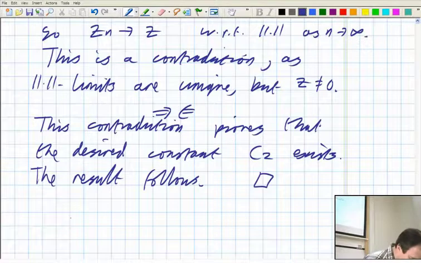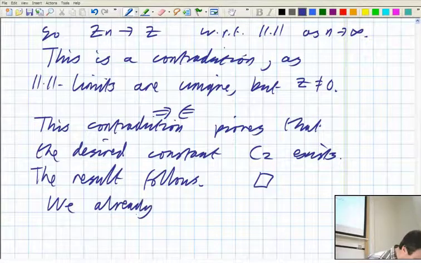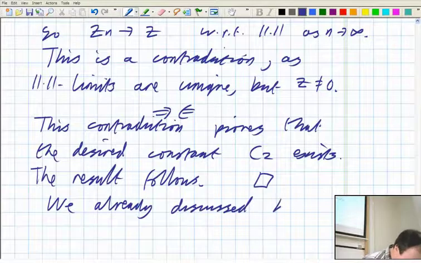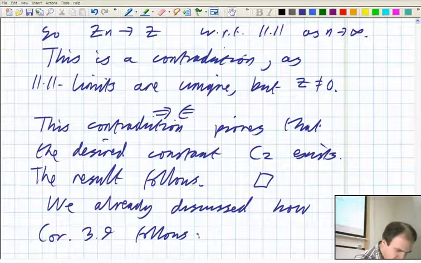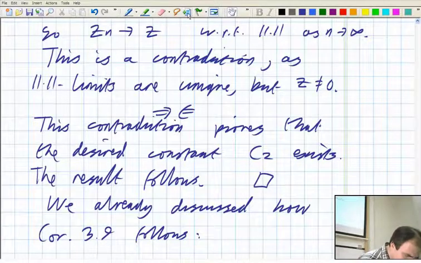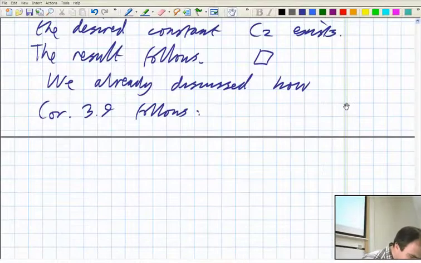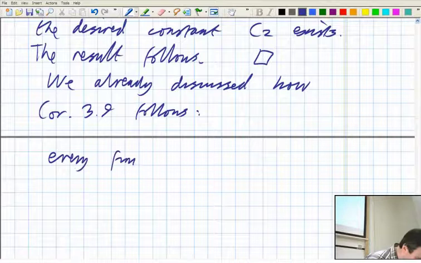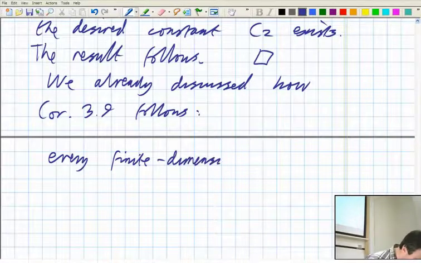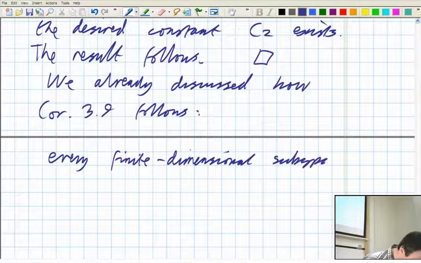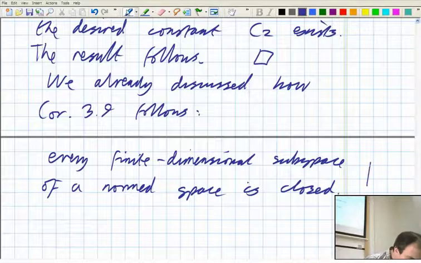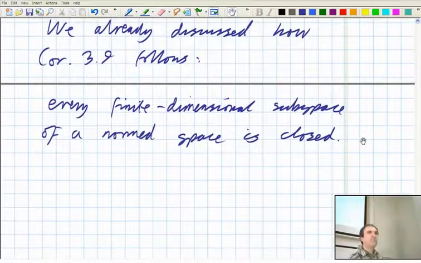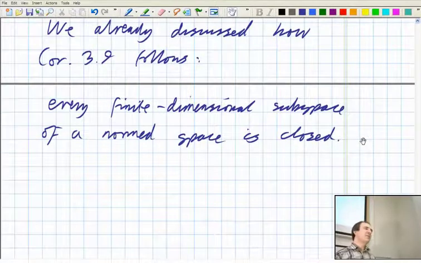We already discussed how Corollary 3.9 follows: every finite dimensional subspace of a normed space is automatically closed, because you restrict the norm and it becomes a finite dimensional normed space.